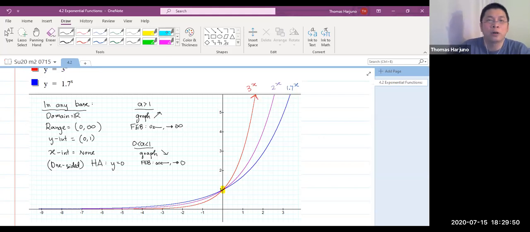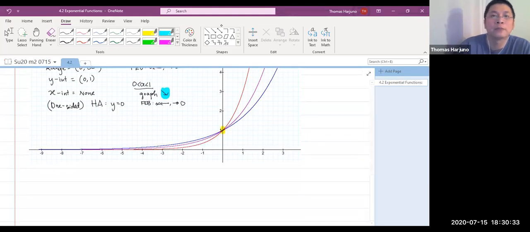But one important key is that in either case, the base greater than 1 or between 0 and 1, it's strictly increasing or strictly decreasing, and therefore, in any case, the basic exponential function will be one-to-one. That's an important ingredient we will need later on in 4.4. It is also an ingredient we need when we solve simple exponential equations later on.